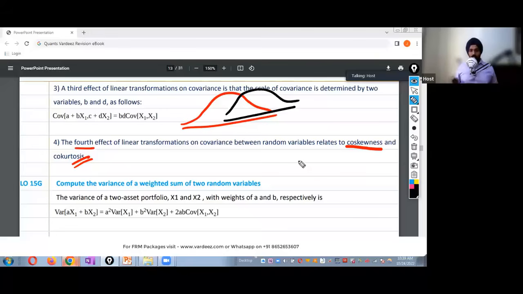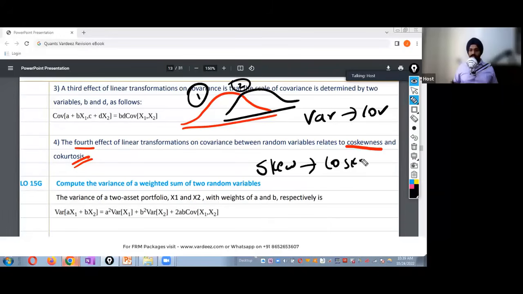Here, when we talk about two random variables, just like we have random variable 1, random variable 2, we moved on from variance to covariance. Similarly, when we have two random variables, we'll move from skewness to co-skewness.